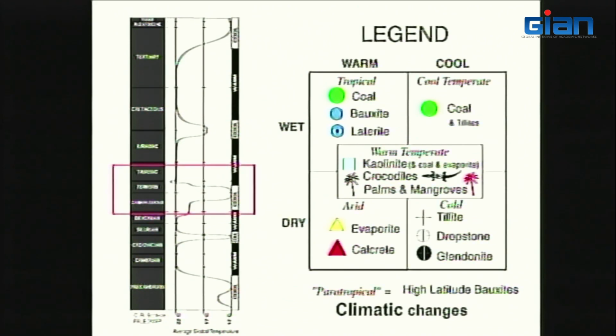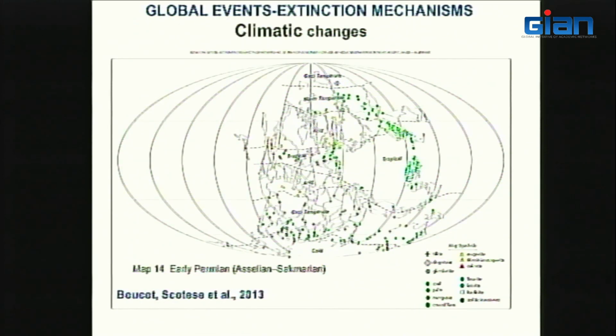So we can use all this. And this map, a paleogeographical map, is very instructive, because for the Permian, you can see that in the early Permian, this was cold. All the little crosses are moraines, glacial sediments. You have some coal, but it's called cool temperate. This is typical for the climate that you have, for example, in Siberia or to the North Pole.